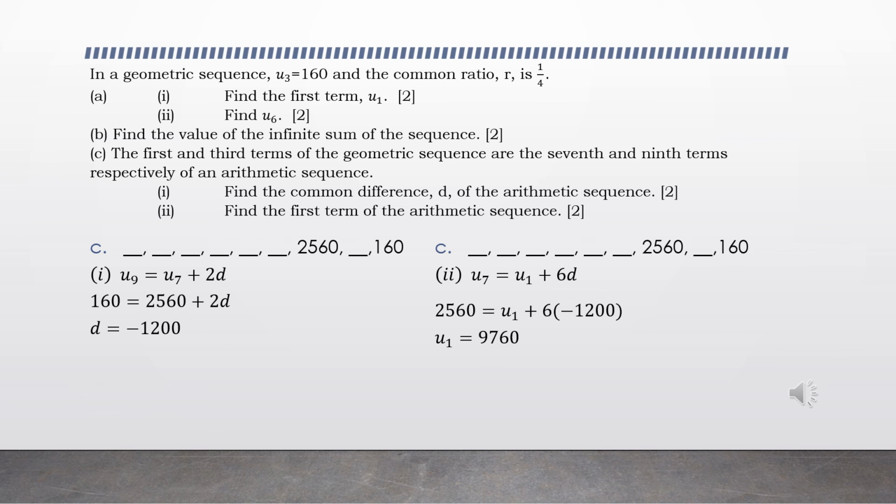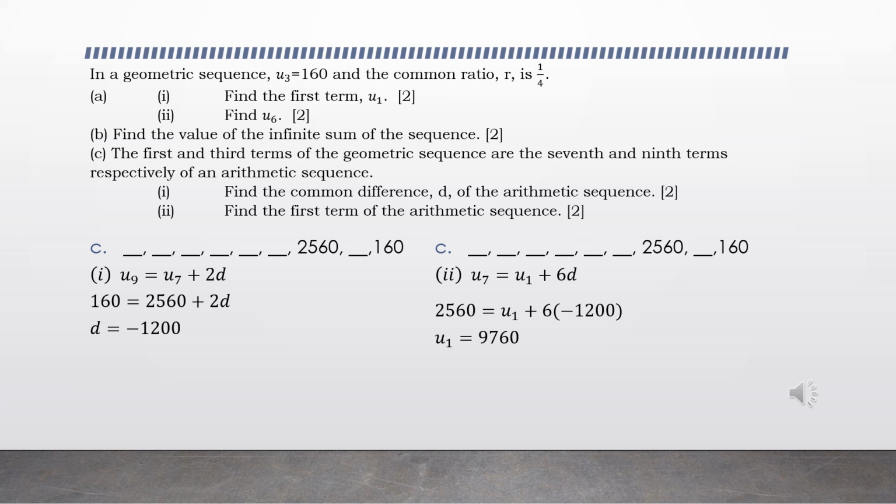For part C, the first and the third terms of the geometric sequence correspond to the seventh and the ninth terms of the arithmetic sequence. So you can see here, I put the seventh and the ninth terms in the arithmetic sequence.